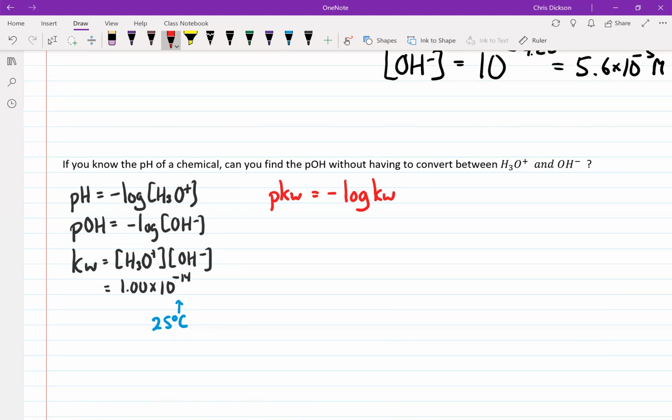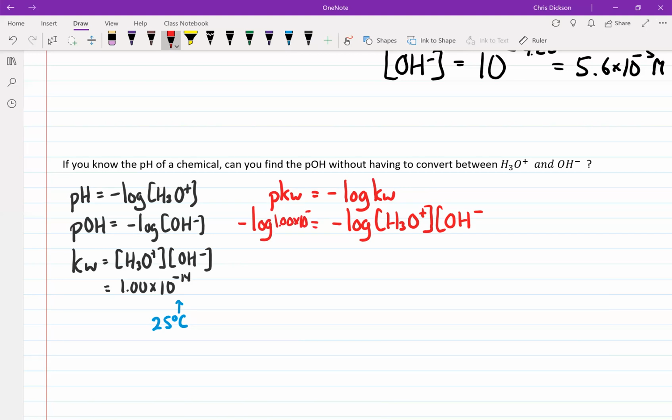Now, remember, Kw is equal to the concentration of the hydronium multiplied by the concentration of the hydroxide, and Kw is equal to 1.00 times 10 to the negative 14.